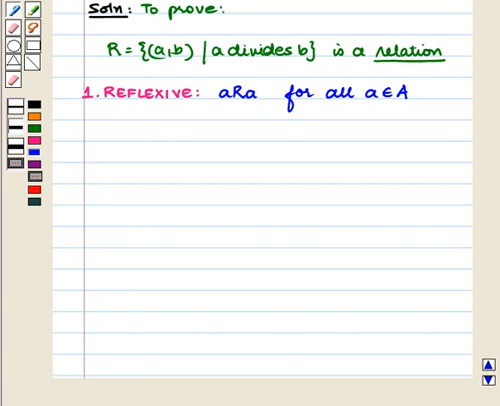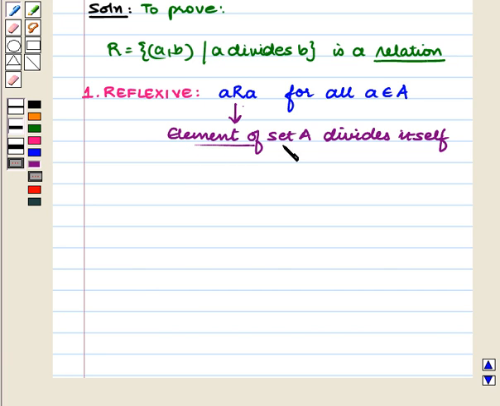First is reflexive, that is, a is related to a for all a belonging to set A. Here we will prove that every element of set A divides itself. Here we have the set A equal to the set containing elements 1, 2, 6, 12 and 24.